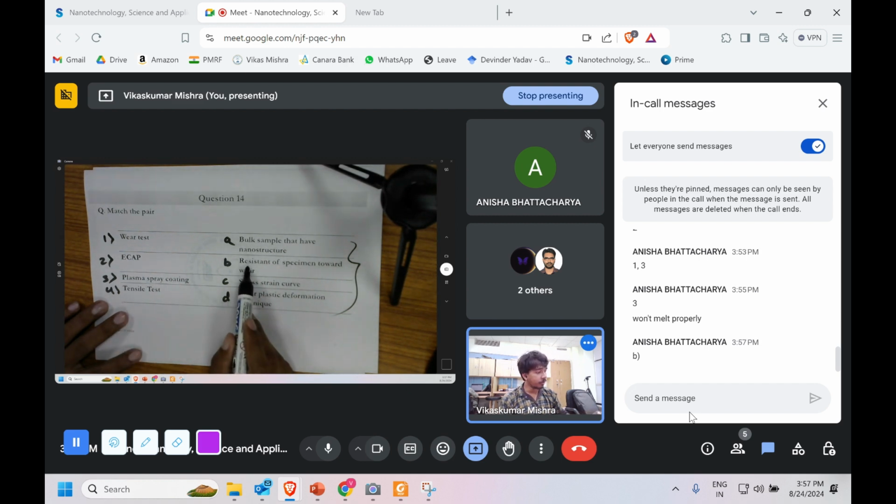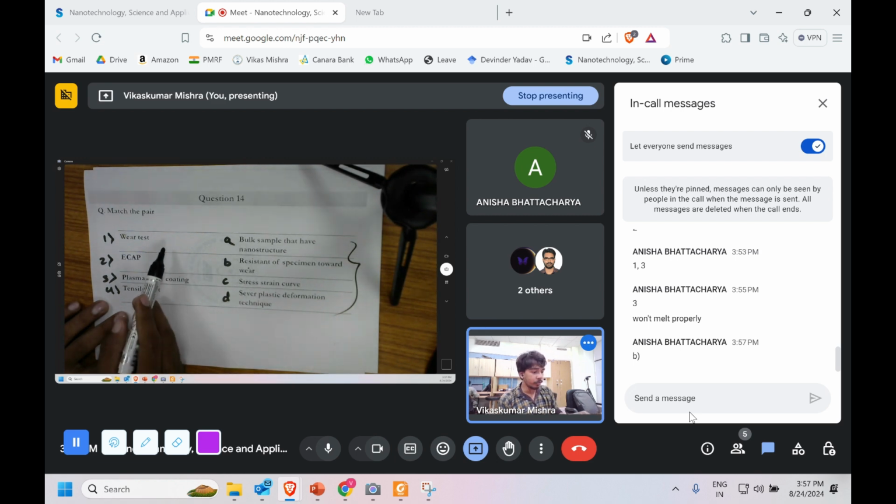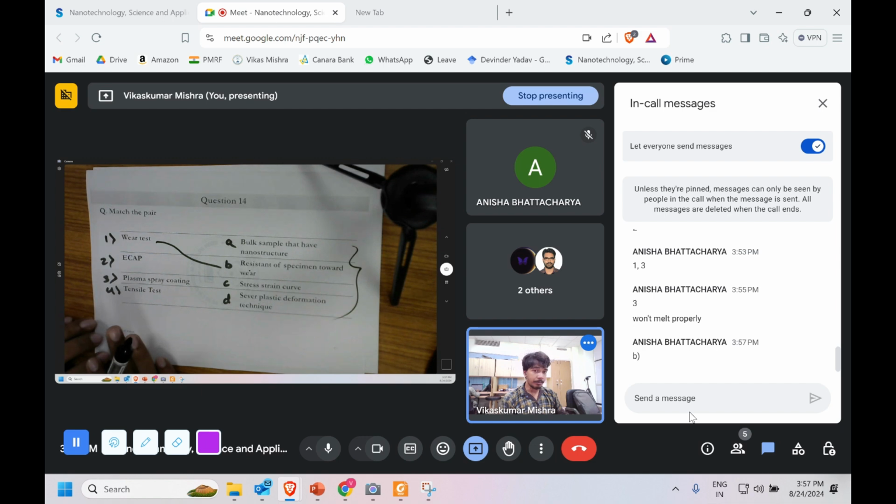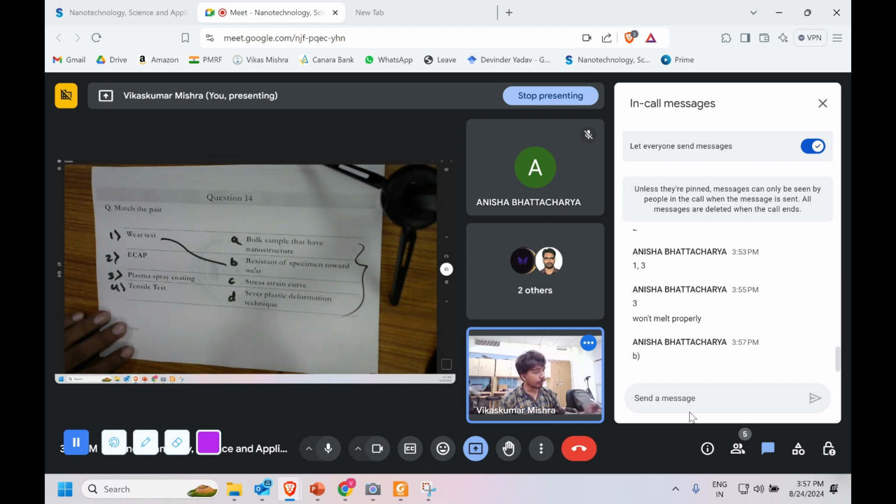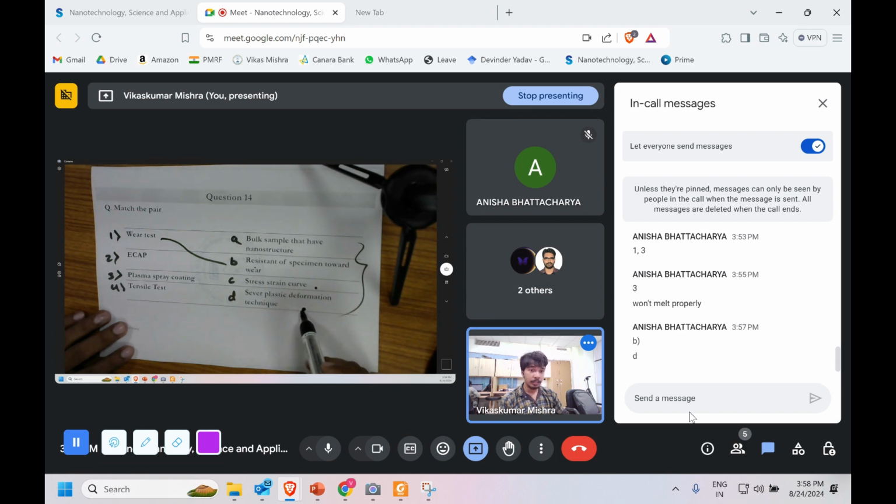Resistance of the specimen toward wear. So the first one will be marked with B. Right. ECAP. Let's think about ECAP. Bulk sample that has the nanostructure, stress strain curve or the severe plastic deformation technique. Is ECAP option D? Yeah, option D is the correct answer for ECAP.